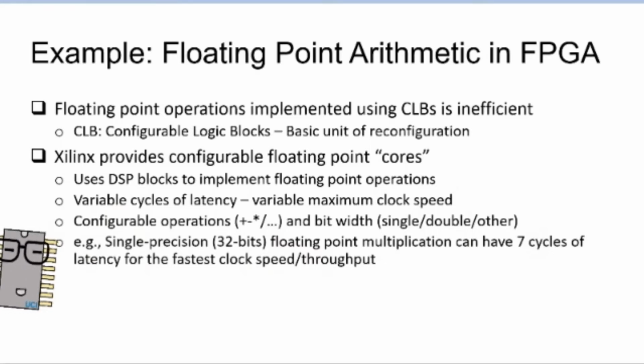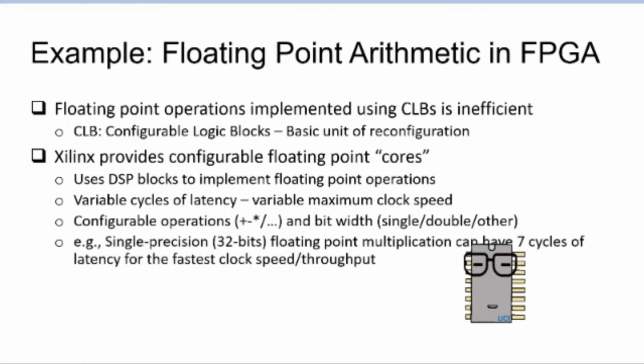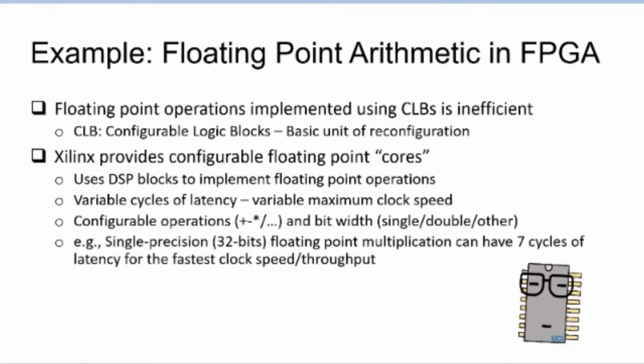Anyways, one example, at least for the Xilinx implementation, is that a single precision floating point number, so 32 bits, can have 7 cycles of latency if you want to achieve peak clock frequency.